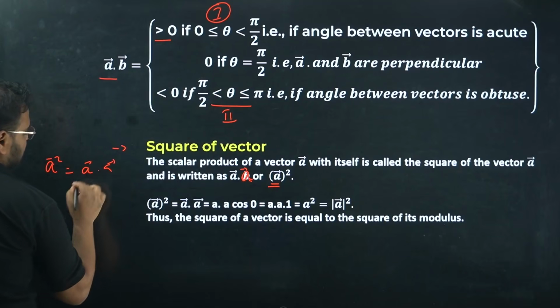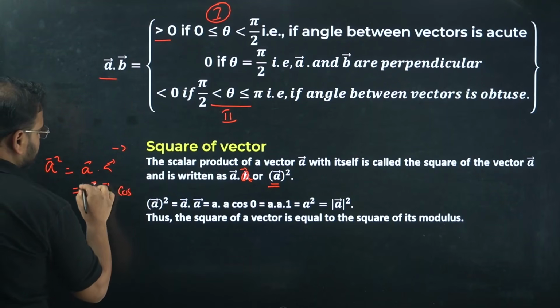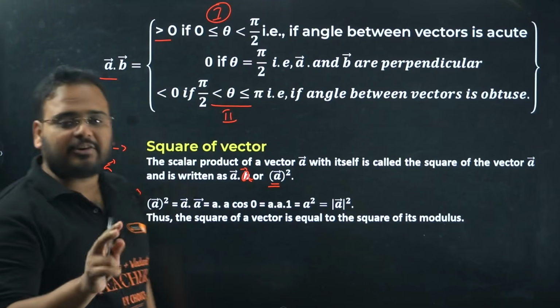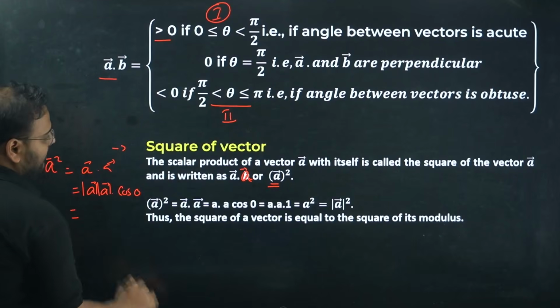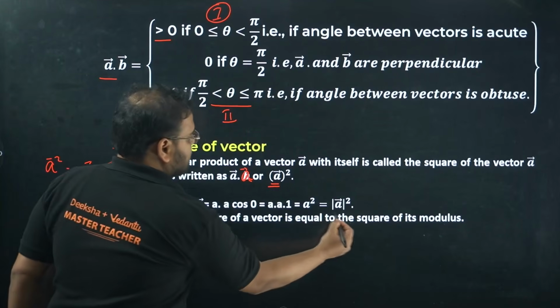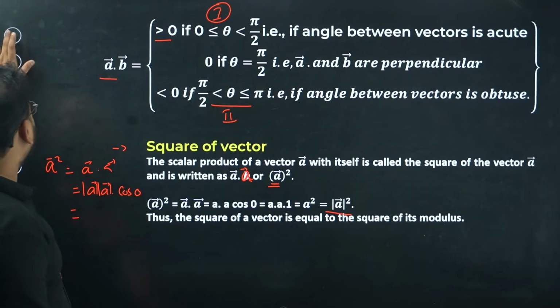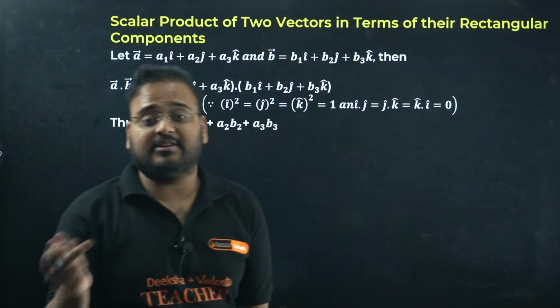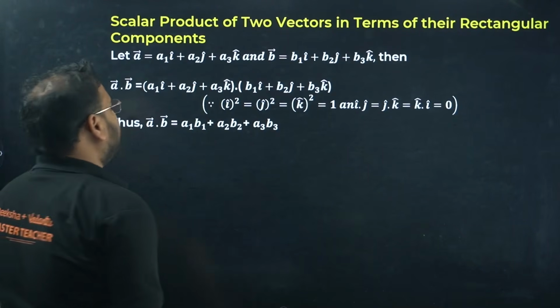What it means is basically a times a and cos 0 degree, because the angle between the vector and itself will be 0 degrees. So cos 0 is 1. Simply you get the value as a square. Check, this is the value. Okay, squaring means simply take the angle to be 0 and take the value of the square. The dot product of a vector with itself is called squaring the vector. Now the scalar product of two vectors in terms of rectangular components, I already gave you this.